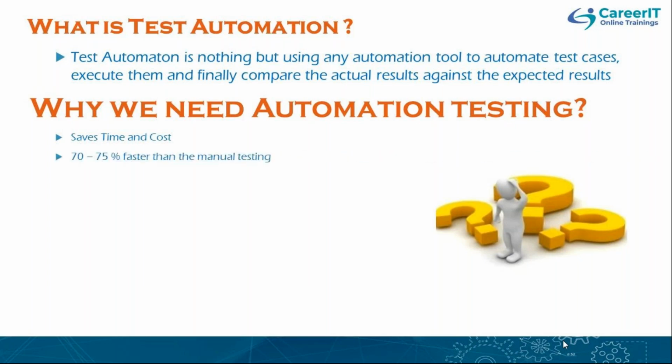Next thing, obviously it is faster than manual testing, 70 to 75% faster, and the results will be very reliable. All these topics I discussed in the demo session also, I'm just repeating quickly. The results you get after automation execution is done will be very reliable, because whenever any test case fails, you have an option to take a screenshot in automation. So when you check the results, wherever any test case has failed, you will have a screenshot also.